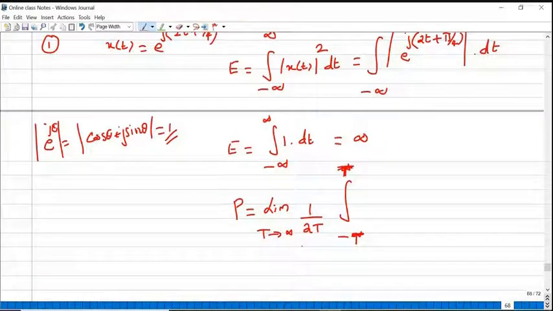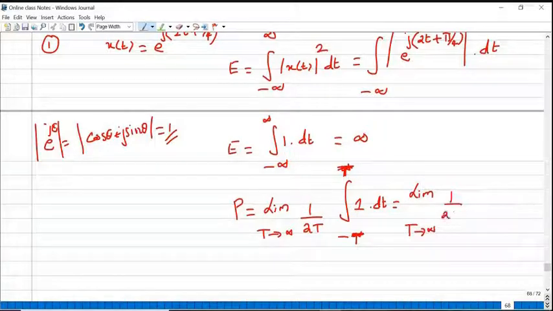Finally, you have to substitute T tends to infinity. Here modulus x of t squared in this example is 1, so the integral of 1 dt.